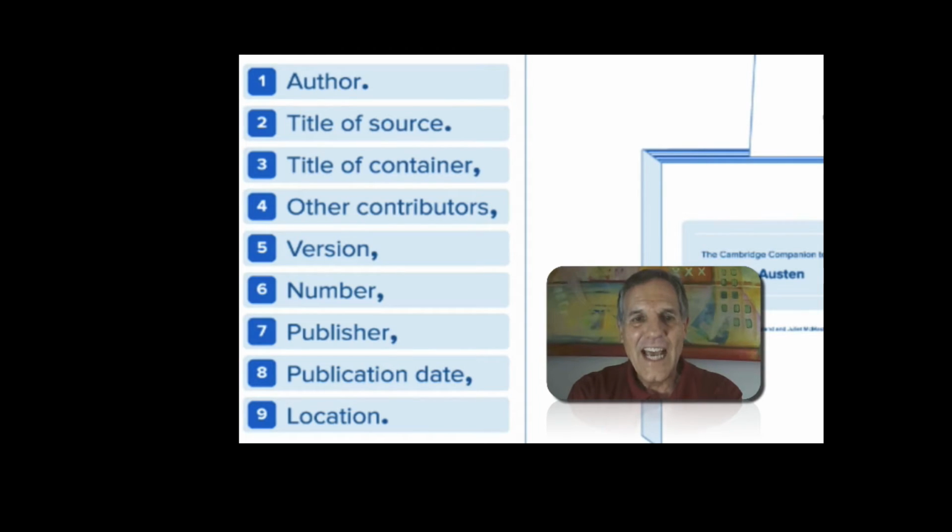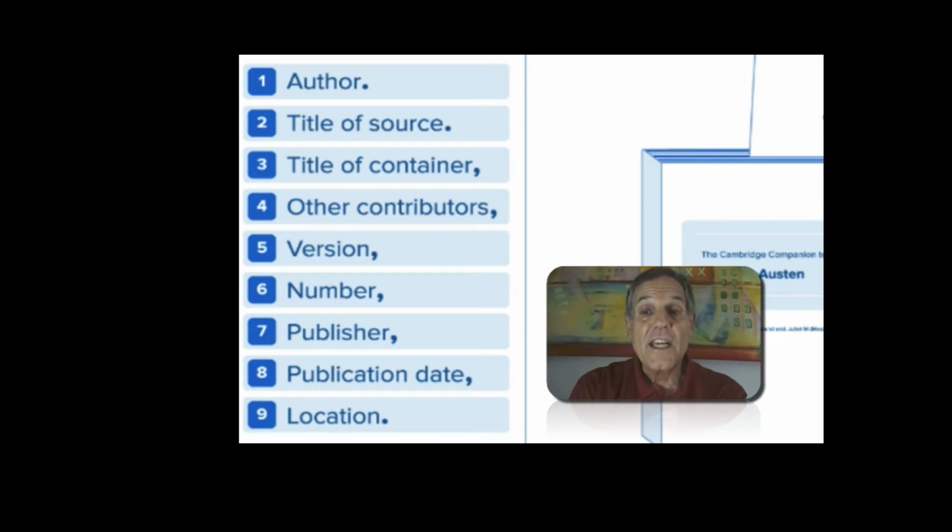Then you have the title of the source, and the title of what they call a container, which is the main source. So for example, if you're citing a short story in an anthology, which is a collection of stories, the anthology is the container holding the short story. So you need to cite both.